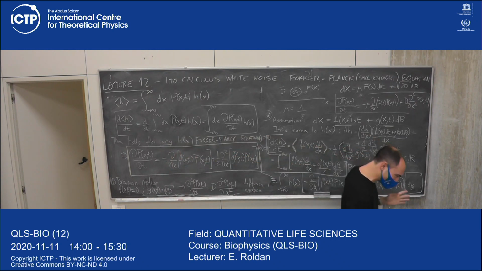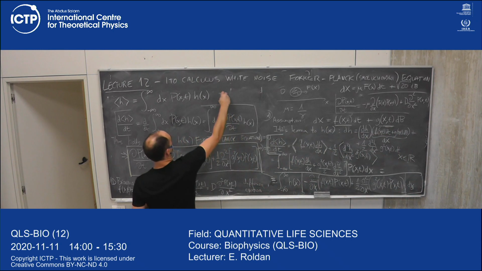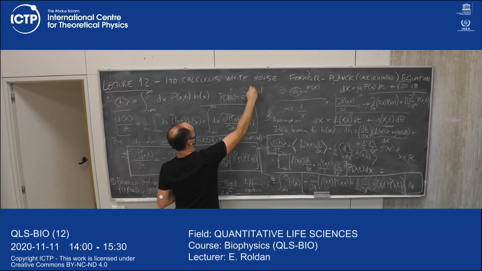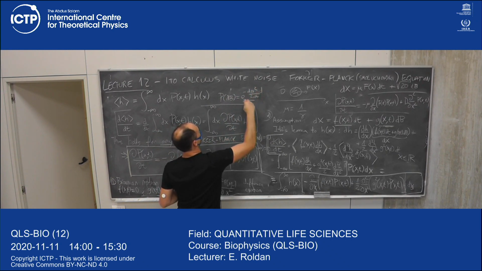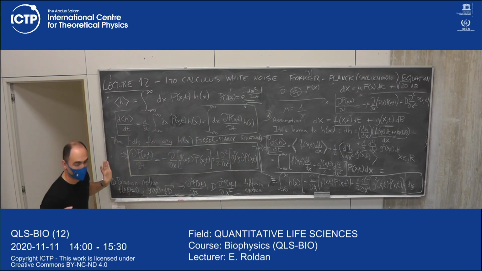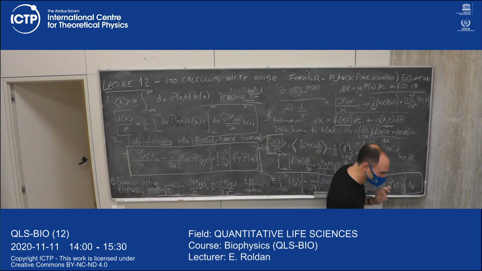Two lectures ago, I said that one has the probability of dB proportional to e to the minus dB squared divided by 2 dt. Something like this. But okay, I told you this. Do you remember? You understand?